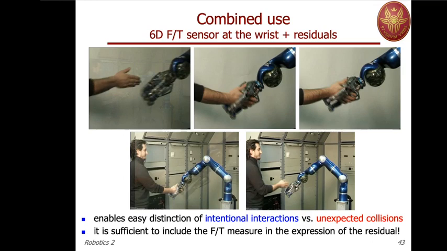So you can distinguish it quite easily if you know that the intentional interaction occurs at the end effector level and if you have a force sensor. We will see more of that about a collaborative task in the last lecture.